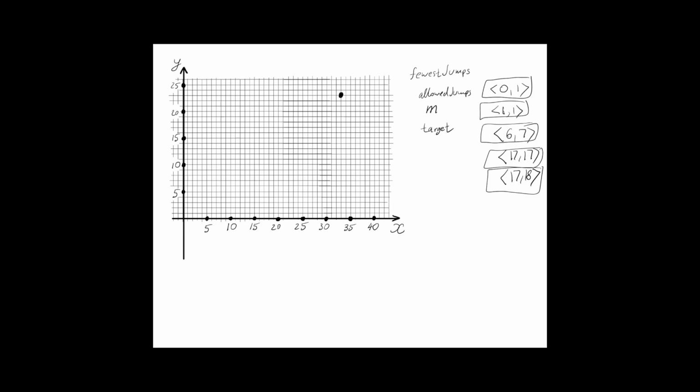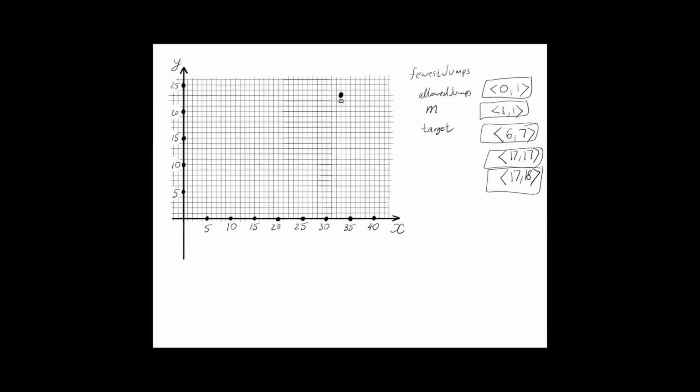So in this particular case, if these 5 vectors were the allowed jumps, then we are going to first take the vector 0, 1, subtract it from the target point, and obtain a new target.